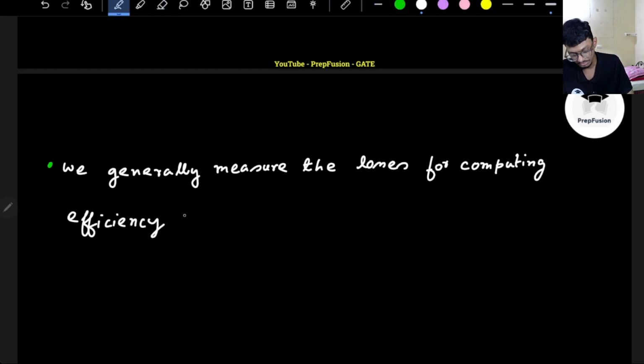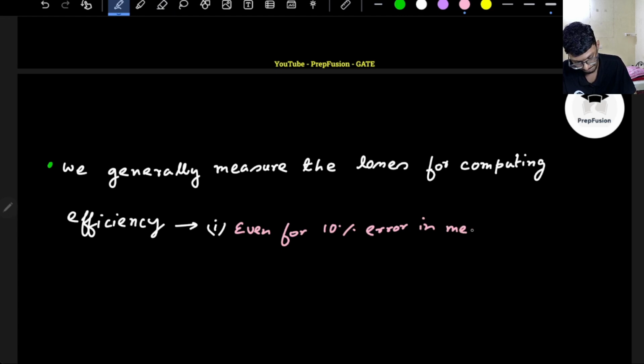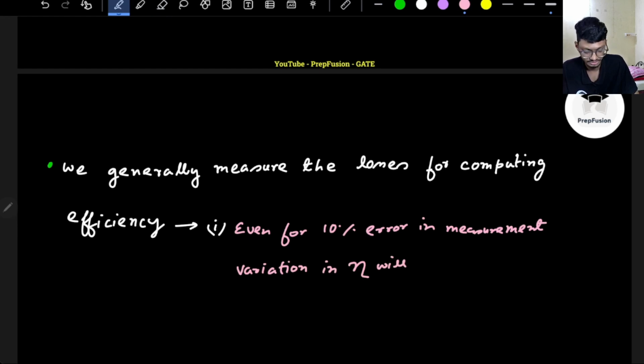Okay, first reason is that even for a 10% error in measurement, the variation in the efficiency will be lower compared to if I had measured the output.